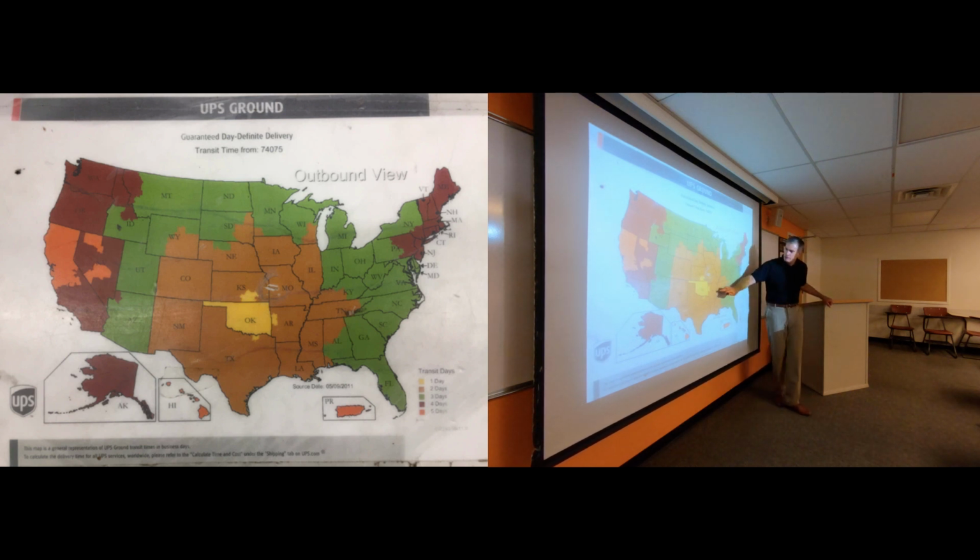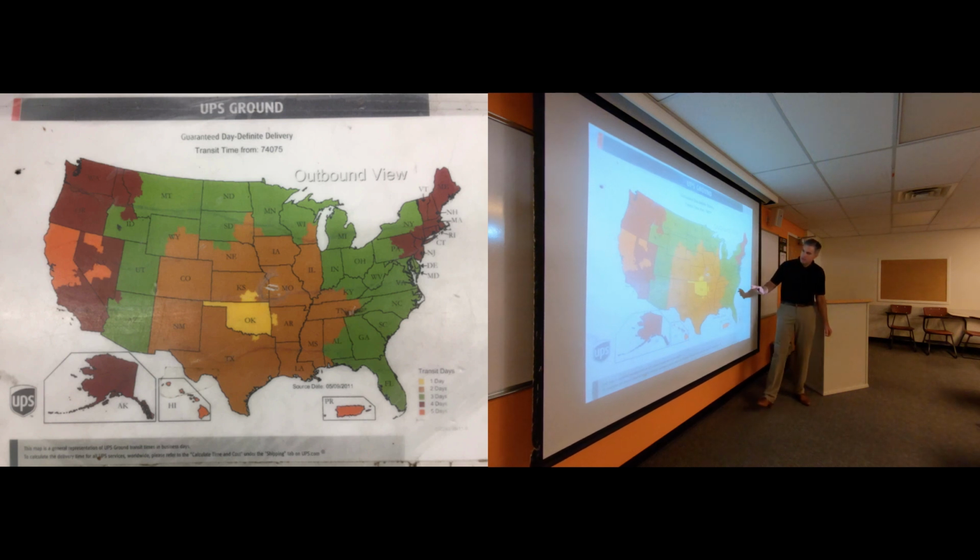What they're showing is, if you're shipping from here, you can get a one-day delivery by UPS ground anywhere in these places. So I could send it to Fort Smith, Gainesville, Wichita. I could even get it to Kenton, Oklahoma, by UPS ground in one day.